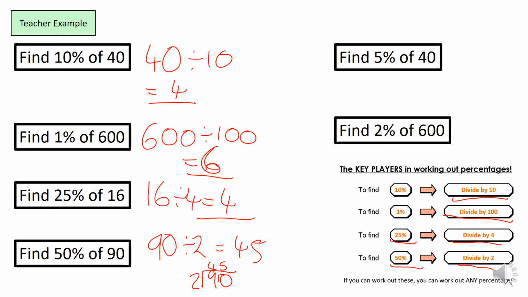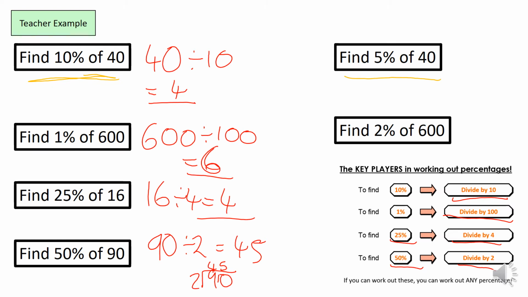Then we have the 2 at the top right, which are essentially going to be using some of the working from the left hand side. Okay, you should see on this side, this question is quite similar to this one. Instead, it says find 5% of 40 instead of 10%.